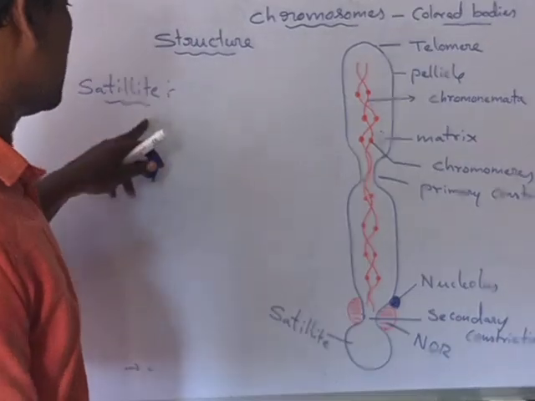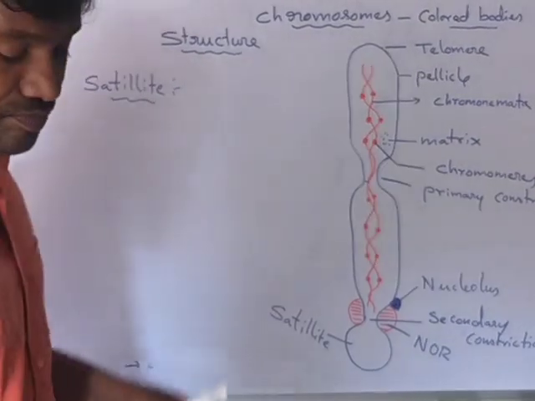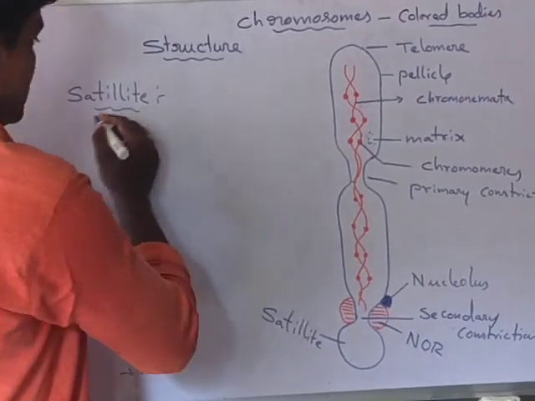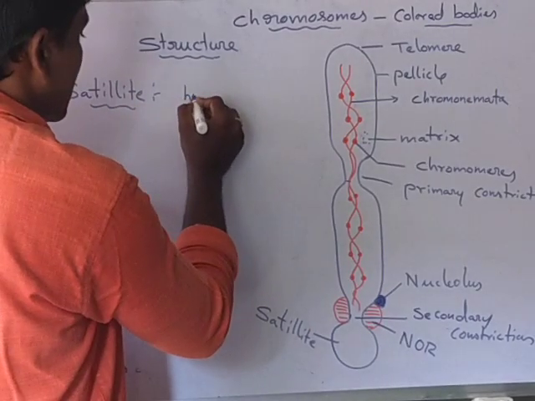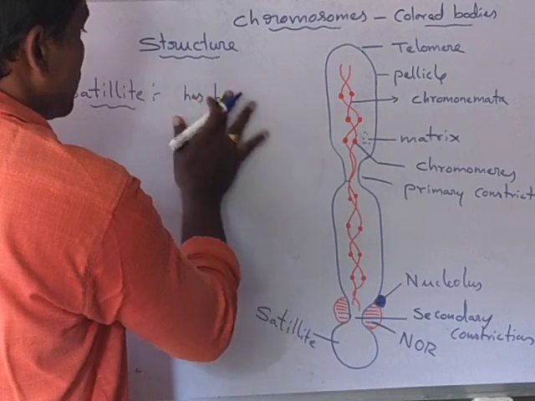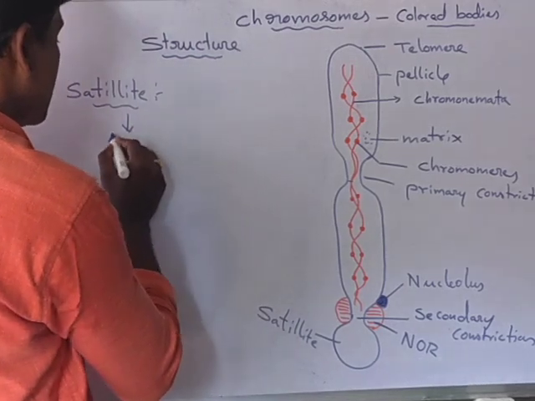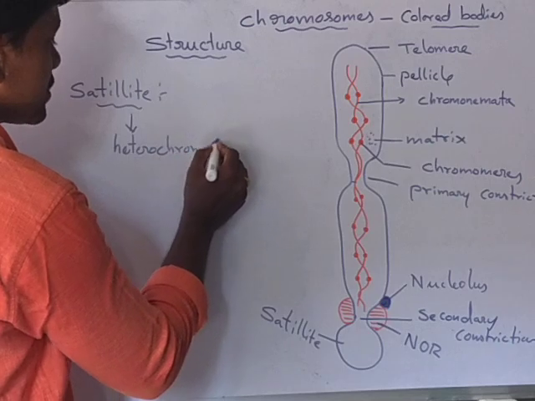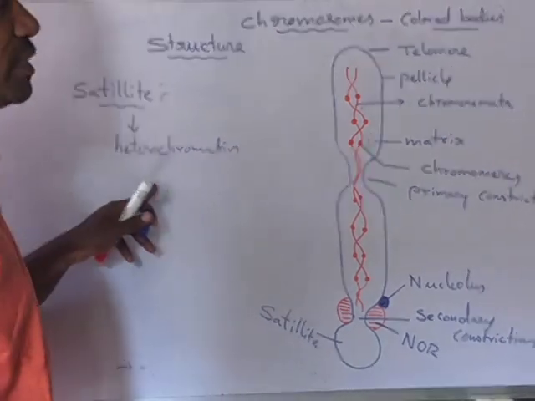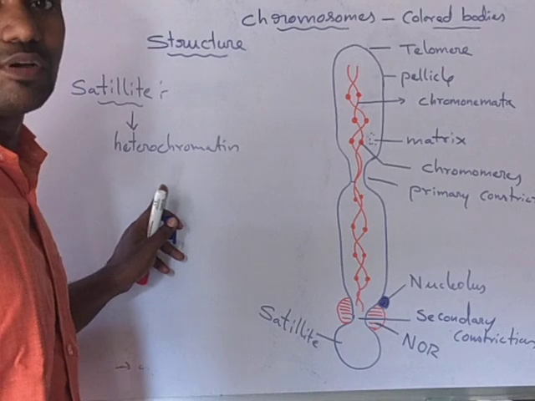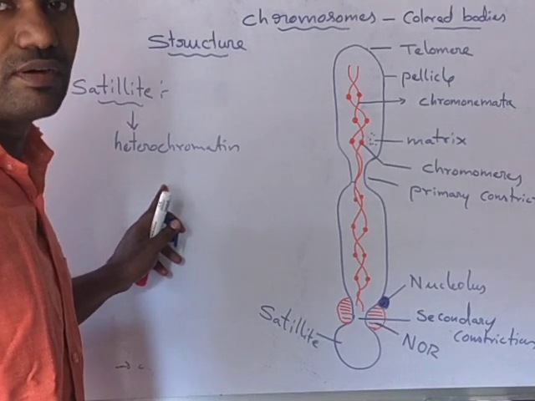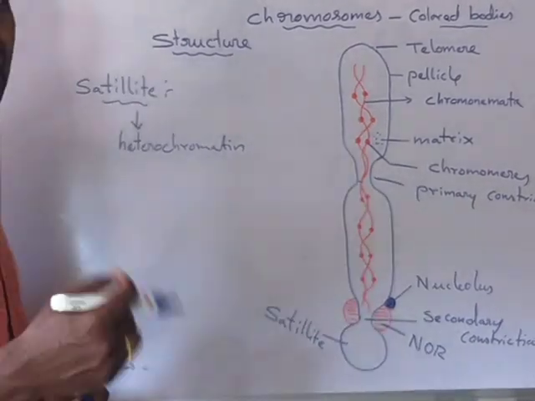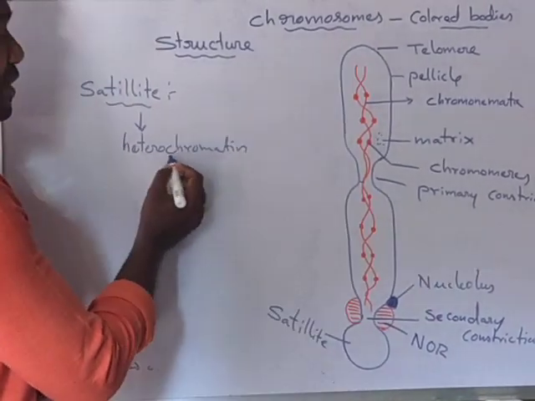The satellite has heterochromatin. Heterochromatin means it is not involved in transcription. It contains repetitive DNA.